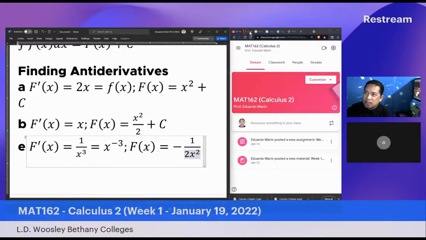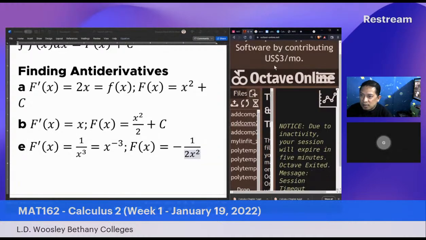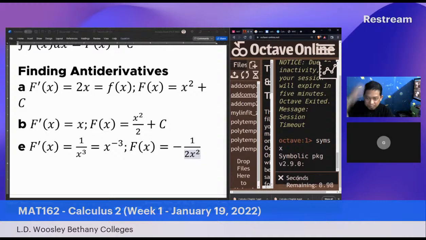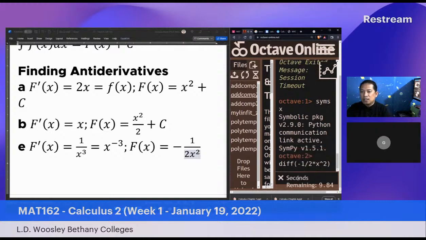Test nga natin kayo octave kung tama. Pwede po sa octave yan, sir. Oh, yes. We'll just use diff and symbolic functions. Since x, it's a first preparatory command, meaning you make the variable symbolic, and then you have diff of negative 1 over 2 times x. Well, tingnan natin.